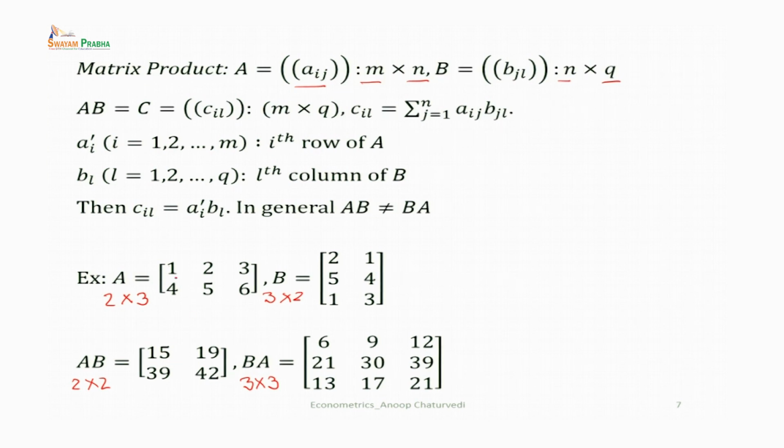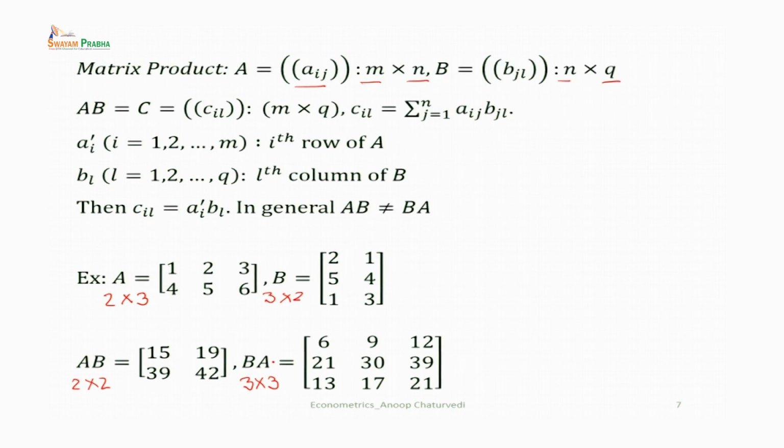To obtain the 1-2 element, we take the first row of A and the second column of B. So, 1 into 1 plus 2 into 4 plus 3 into 3. So, you get 19 and so on. This is how you get AB. Similarly, you can obtain BA and then you can easily verify that AB is not equal to BA. Of course, for this example, you can define both the products AB as well as BA, but AB is not equal to BA.